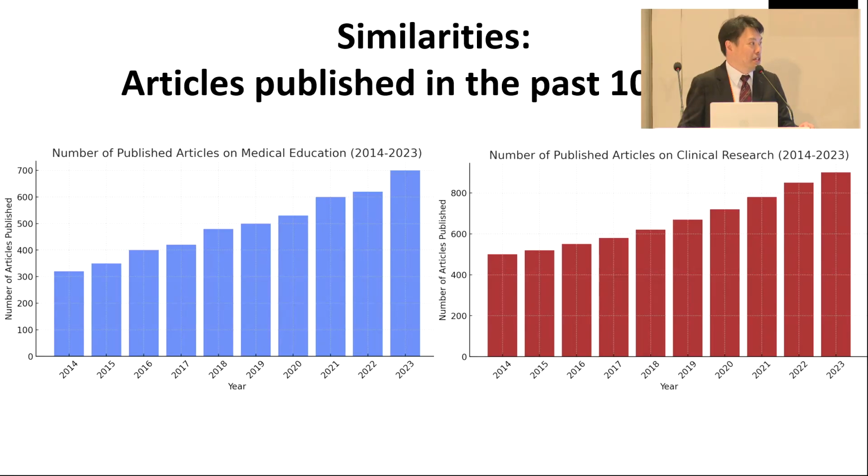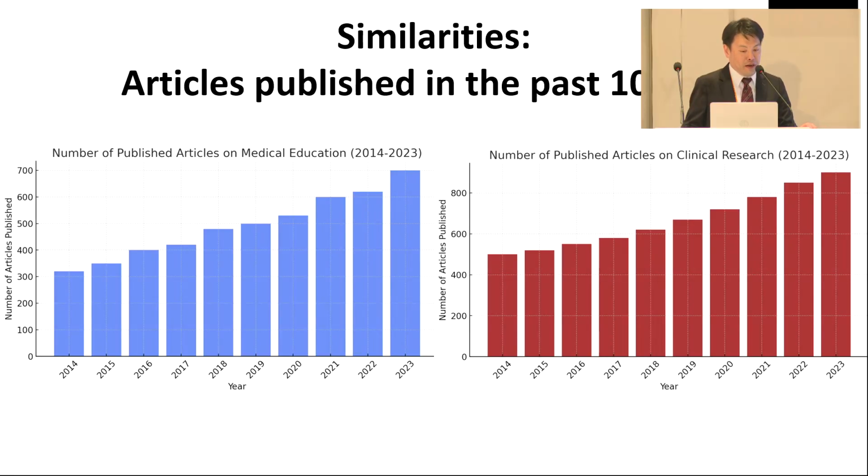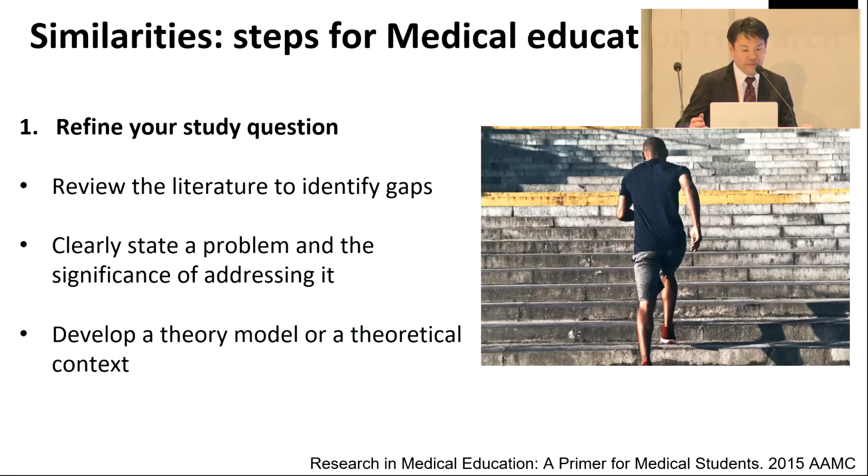And if you ask ChatGPT to build a figure showing the related articles published over the past 10 years, we can find that not only for clinical research, but also for medical education research, the number of articles being published is increasing every year throughout the past decade. So they also share this similarity.